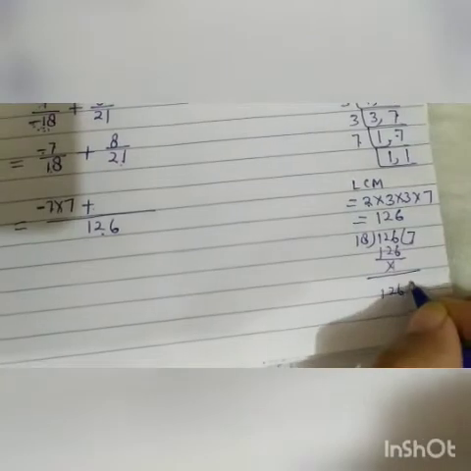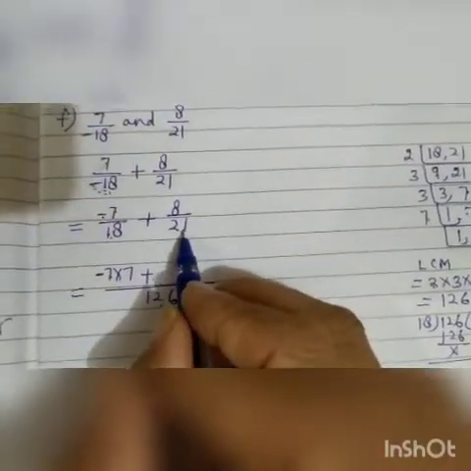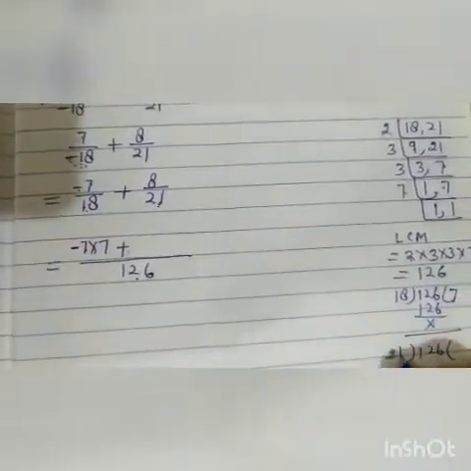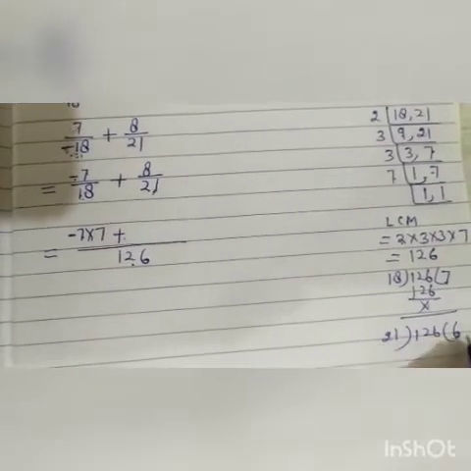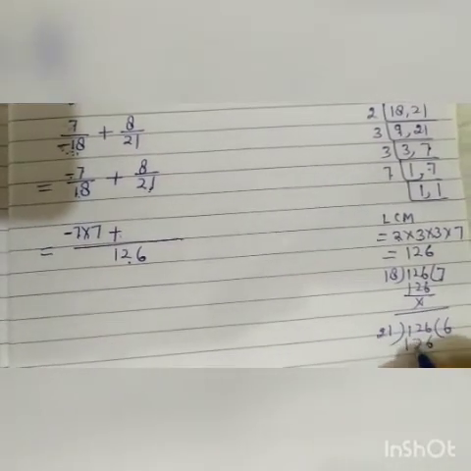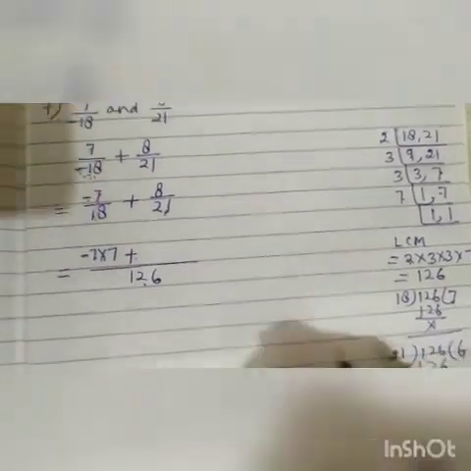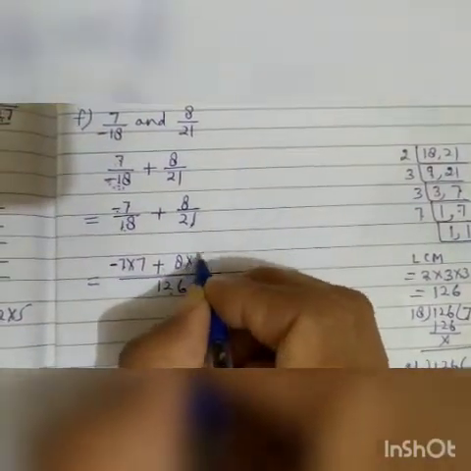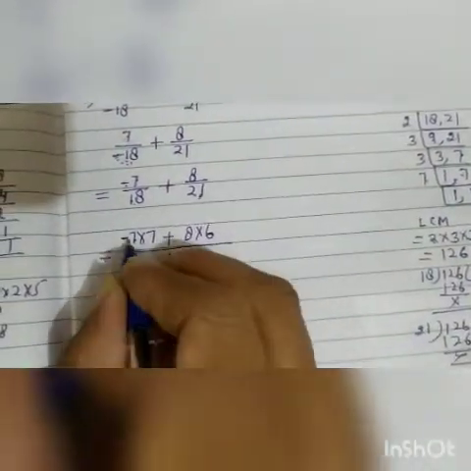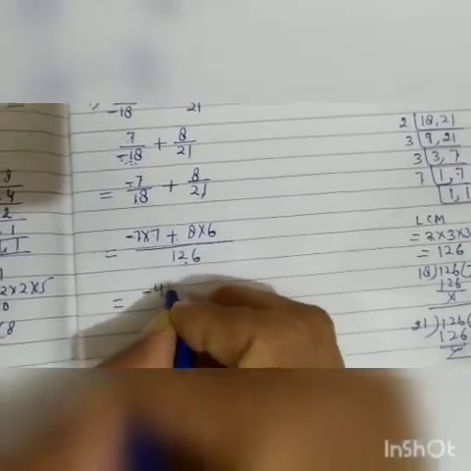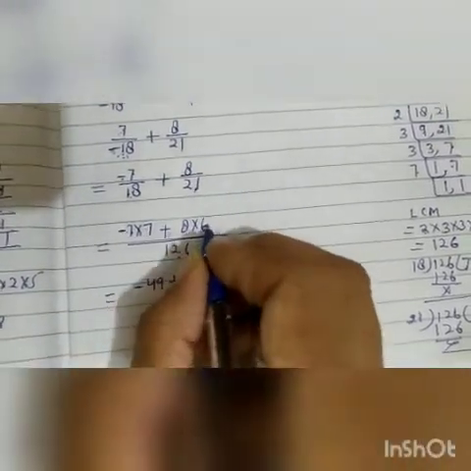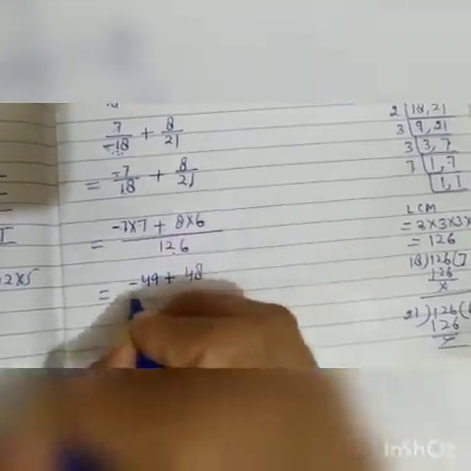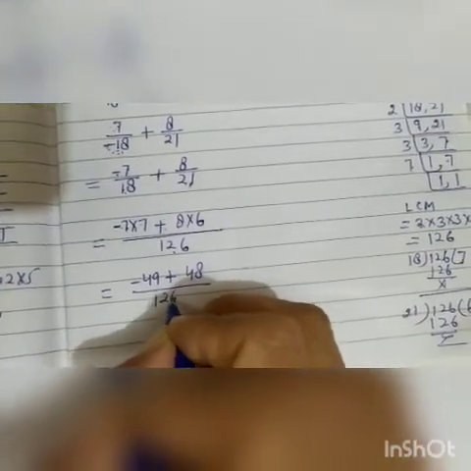Again divide this 126 by this denominator 21. 21 6s are 126. 6 1s are 6, 6 2s are 12. So it is 6. Then 8 multiply by 6. Now 7 7s are 49 minus 49 plus 8 6s are 48 upon 126.